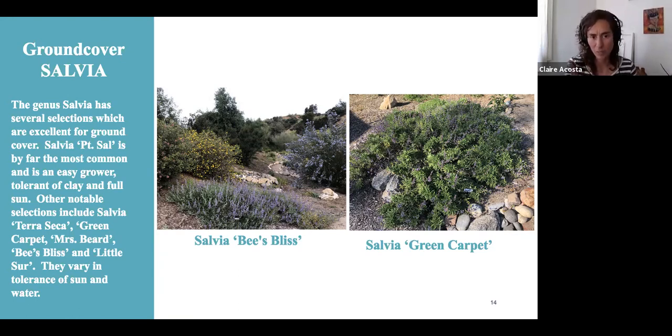There's Bee's Bliss, a pretty nice spreading ground cover, and then the Green Carpet, which is less spready and more splatty. So anyway, sages as a ground cover, you've got options.